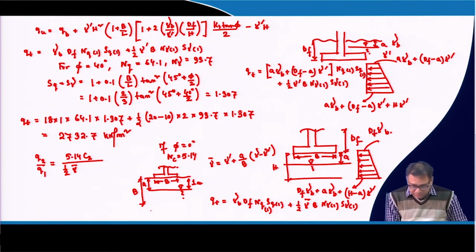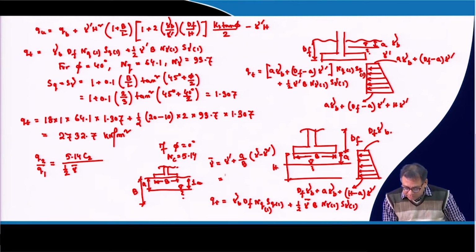So, now we have to calculate the gamma bar value, the gamma dash value, and gamma dash is given like this. Now, gamma bar can be calculated like this, where A is equal to 1 meter and B is equal to 2 meter.